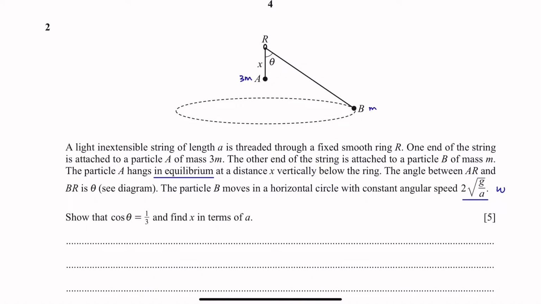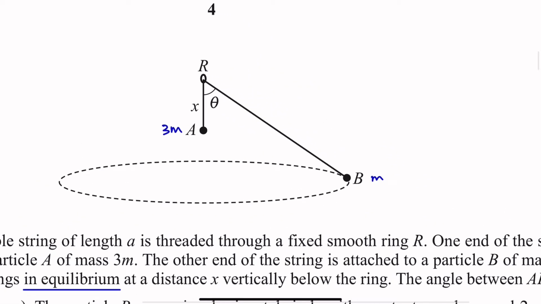So now we need to first figure out the forces in this diagram. So let's look at A first. In A, we have the weight of 3mg. This is the weight. And we have tension T. And for B, because this is the same string, the tension is the same, but in opposite direction, right? So this T has the same value. And B has weight mg.